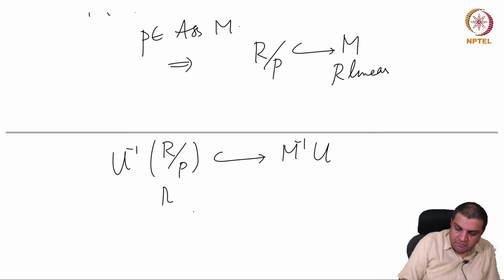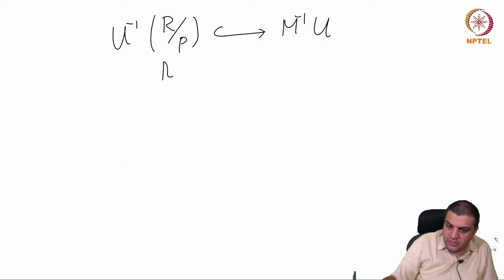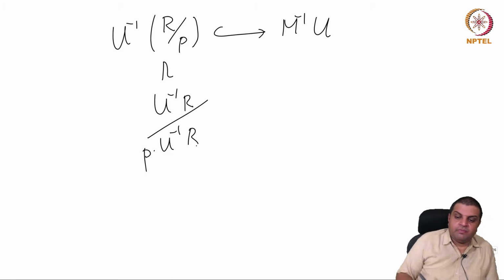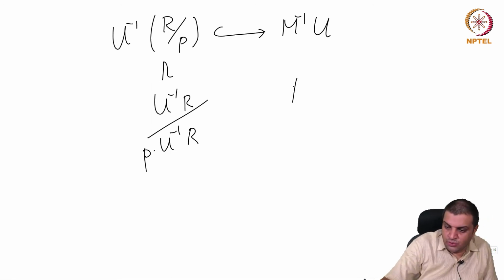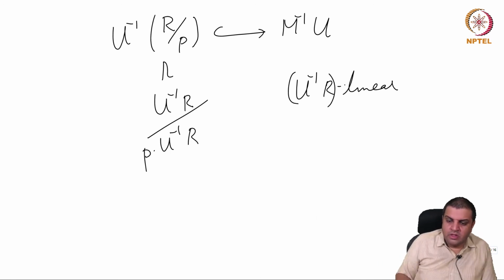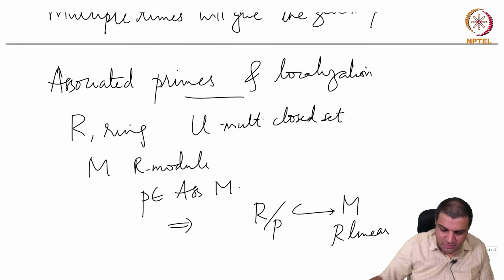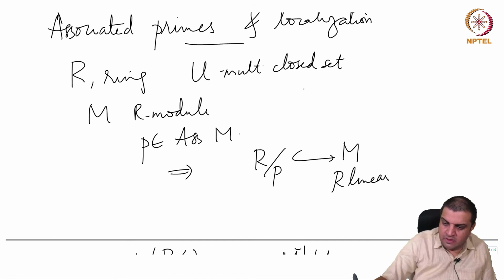This is isomorphic to U inverse R mod P, that is, R mod P extended to U inverse R. So this is U inverse R linear. In other words, we should assume in this situation that U does not intersect P.